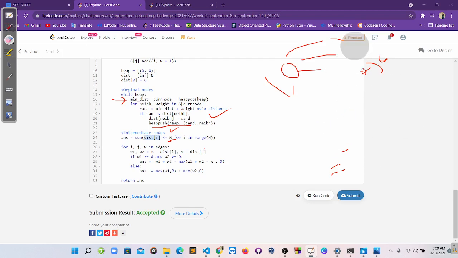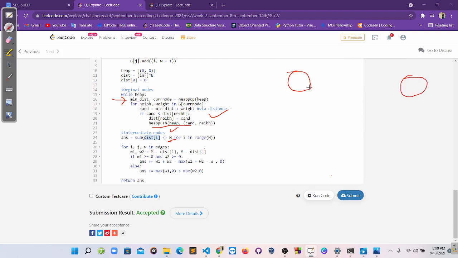Okay, let me give an example. Let's suppose there is a node and there is another node, and from there to there a requirement of 5. From there to there we needed 5 cost, and 6 is the maximum move.